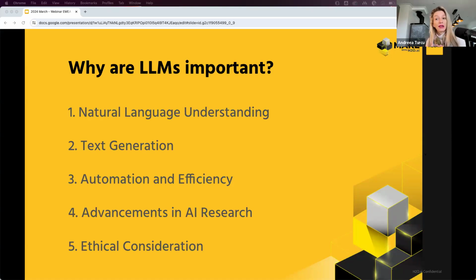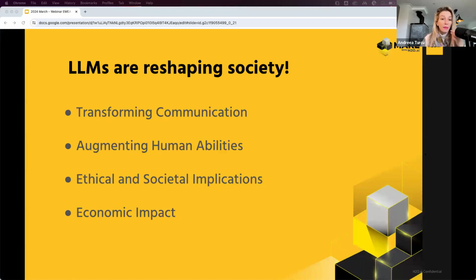Understanding and monitoring LLMs is important for addressing ethical concerns such as bias, fairness, and misuse of AI-generated content. Extremely, extremely important.